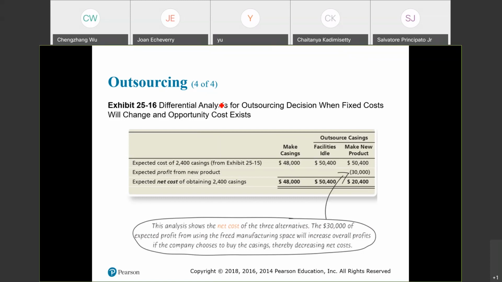So if you choose the last option, the expected net revenue is lowest.